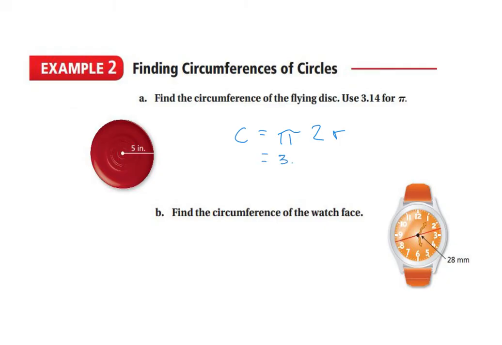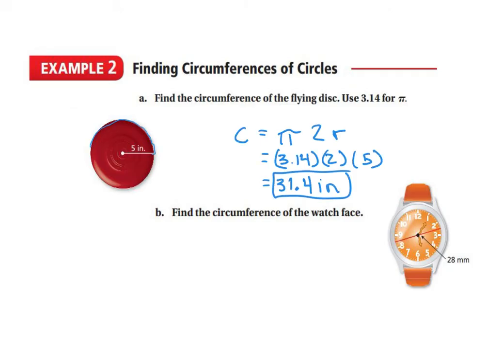So pi is 3.14 times 2 times a radius of 5. So 3.14 times 2 times 5 is 31.4. And our label was inches. 31.4, again, distance, circumference, all the way around the outside of that circle.